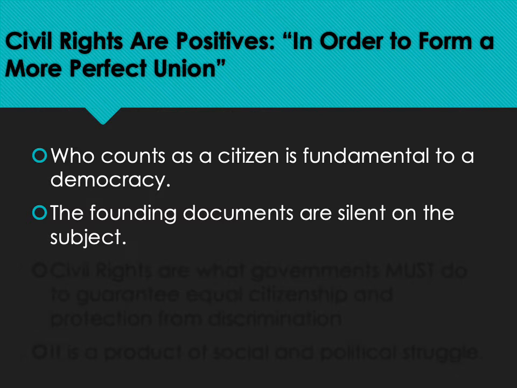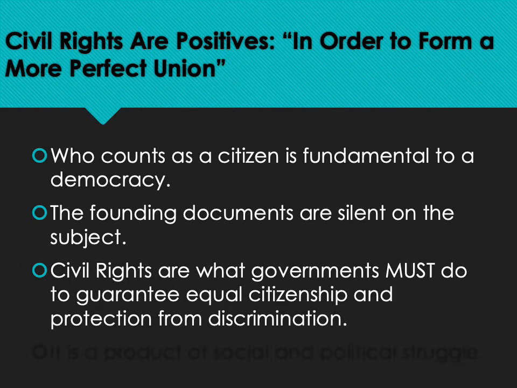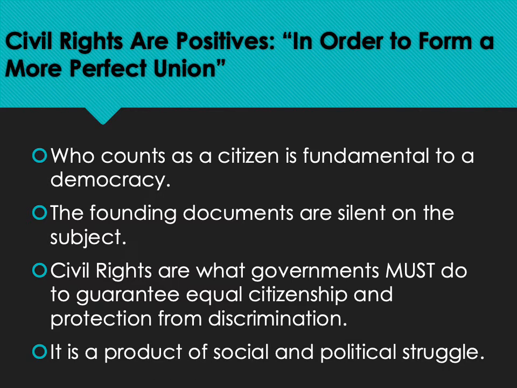Initially, African Americans were not considered citizens. Native Americans were not considered citizens. People who immigrated to the United States were not considered citizens. And so civil rights is about defining who citizens are and the guarantees that citizens get from their government. So civil rights are what government must do to guarantee equal citizenship and protection from discrimination. And as we're going to see in a moment, it's a product of social and political struggle.